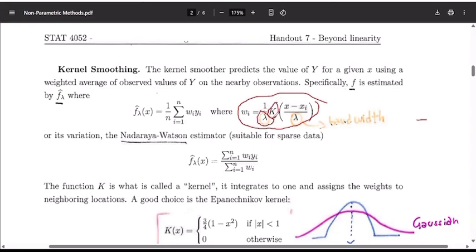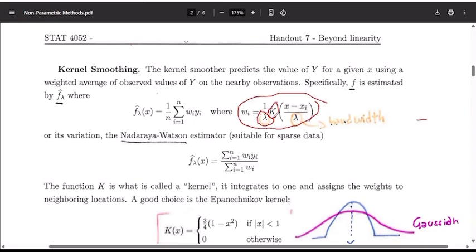What do we mean by bandwidth? The bandwidth is going to tell us the amount of data that is nearby. The amount of data. That is what I'm going to call the bandwidth.